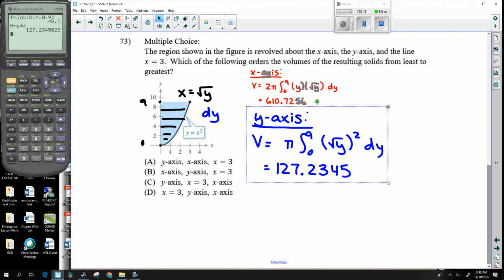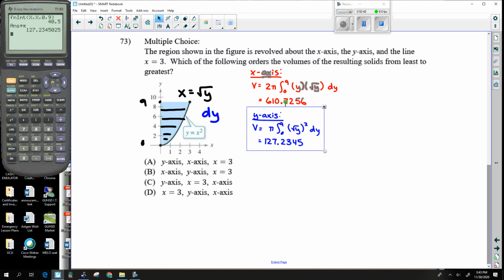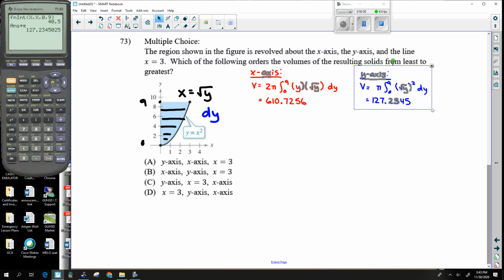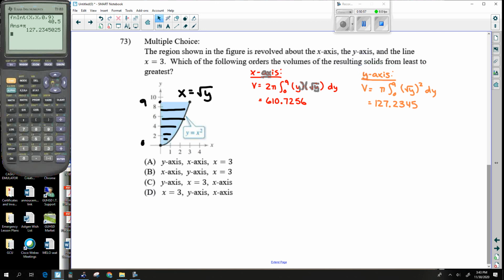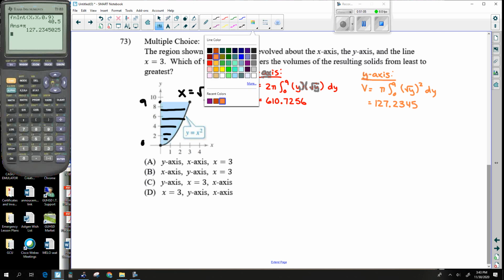All right, now we get a little froggy and move that axis of rotation to x is equal to 3. So x is equal to 3 is over here. Okay, x is equal to 3.